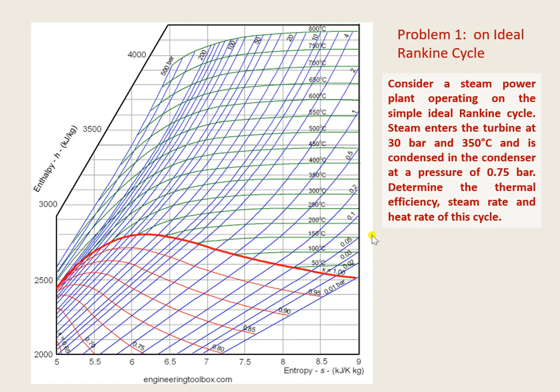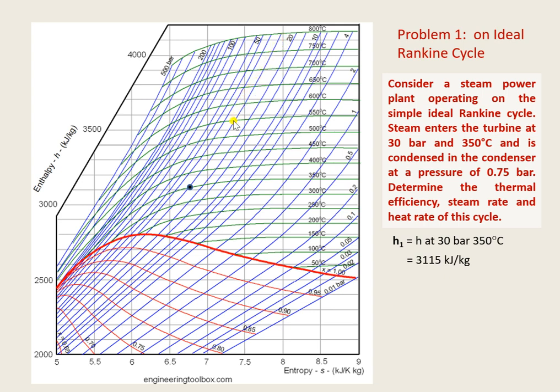H1, which is enthalpy at 30 bar and 350 degrees Celsius, can be read from this chart by locating the point of intersection of 30 bar line and 350 degrees Celsius line. You don't have a marking for 30 bar, you have marking for 20 bar and 50 bar.